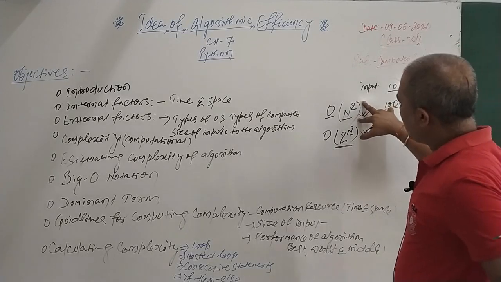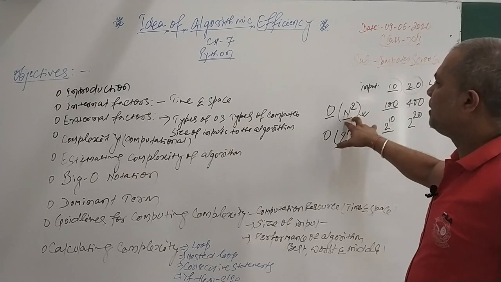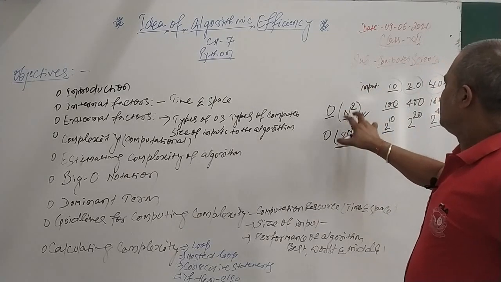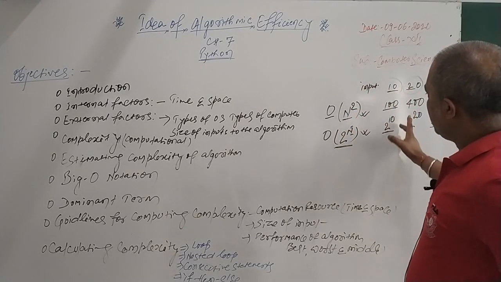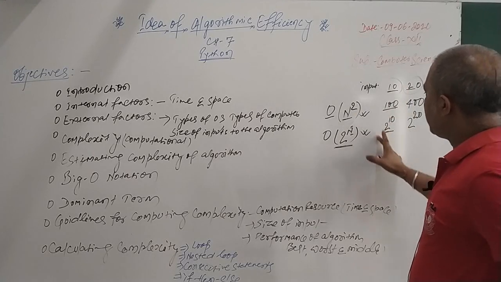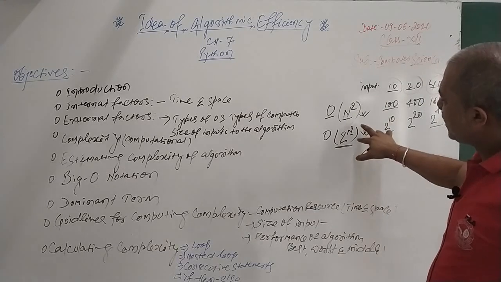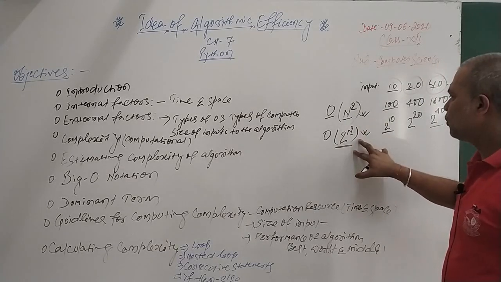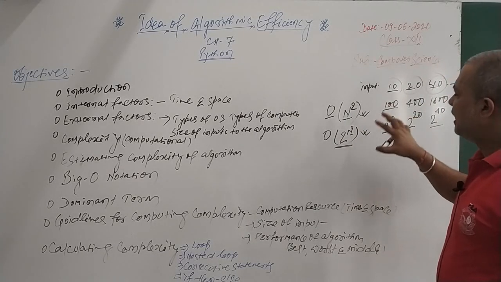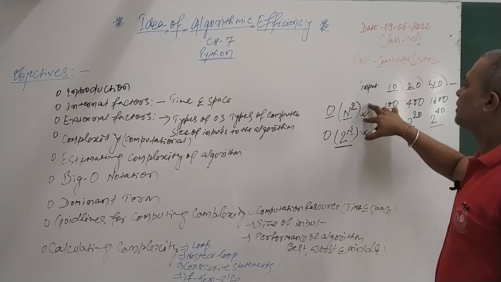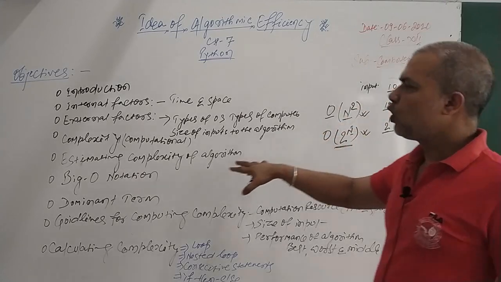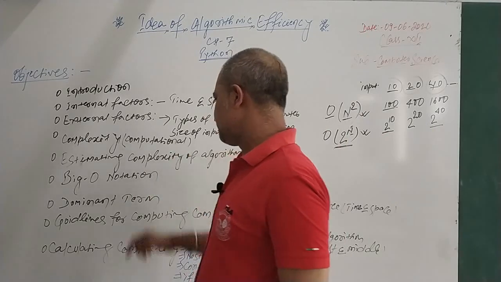If it is n square, the complexity for 10 is 100, and 2 to the power n will take 2 to the power 10 time. That's too much time, and that's why big O notation 2 to the power n is considered less efficient than the n square algorithm. This is what big O notation is.